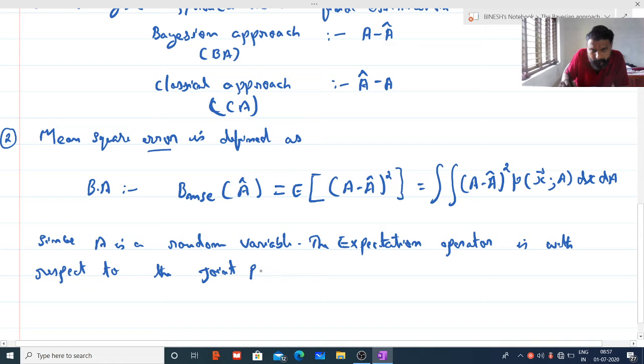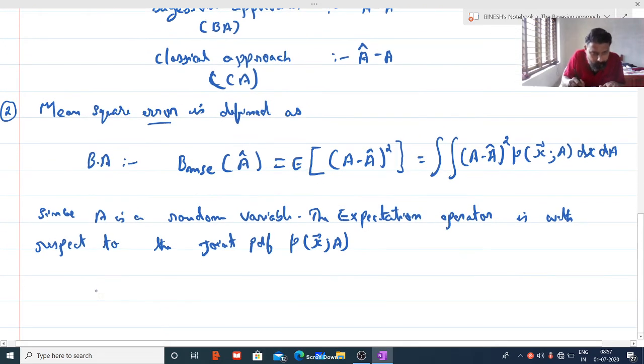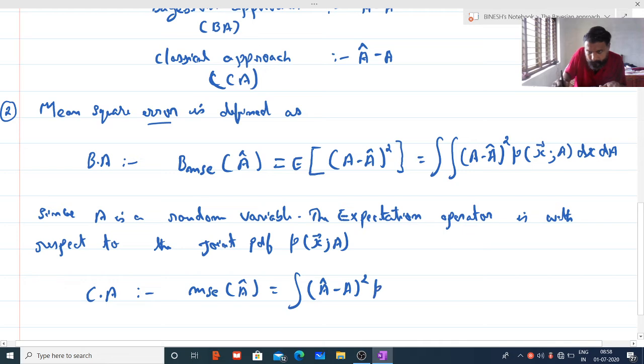Keep in mind that I explained this in the first session, the joint PDF and the single PDF. So the joint PDF is p of x, A. Whereas in the classical approach, the mean square error, MSE of A cap, is given by the integral of (A cap minus A) squared times p of x semicolon A dx. This is not a double integral, it is only a single integral. That is the second point.